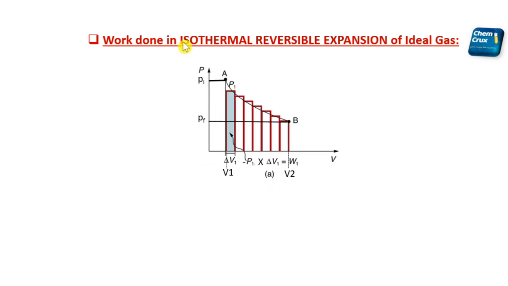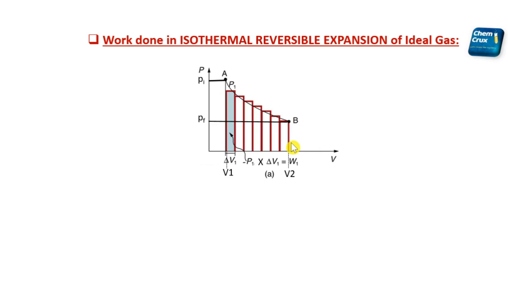But the entire process is carried out in several small steps, right? Here the entire process has been carried out in 7 small steps. Now to find out the net work done, we need to find out the work done for each of the small steps, right?